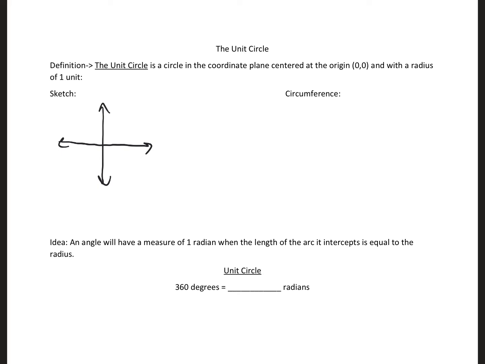So the unit circle has a center at 0, 0, and since the radius has a length of 1, the circle is going to intersect the axes at the following locations: 1, 0; 0, 1; -1, 0; and 0, -1, resulting in a circle in the coordinate plane.